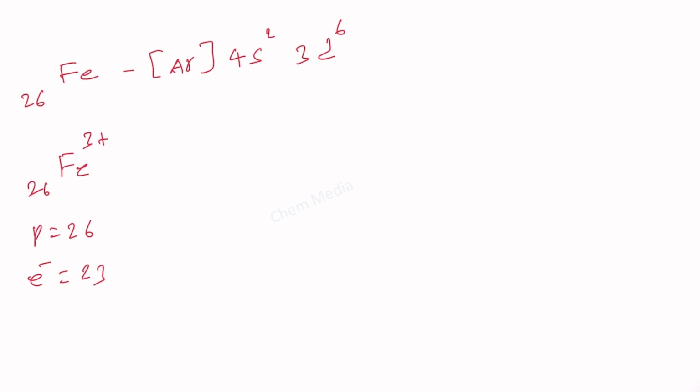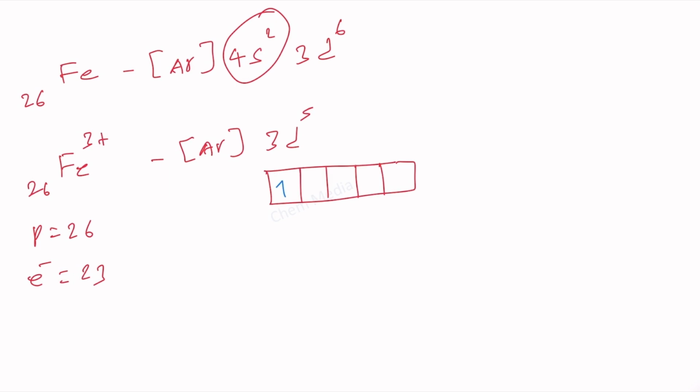Therefore, for Fe3+ it will still be argon, 18 electrons. Both the electrons from 4s2 will be removed now, and 1 electron from 3d6 will be removed. Therefore, this will become 3d5. We have 5 electrons in the 3d orbitals here for Fe3+.